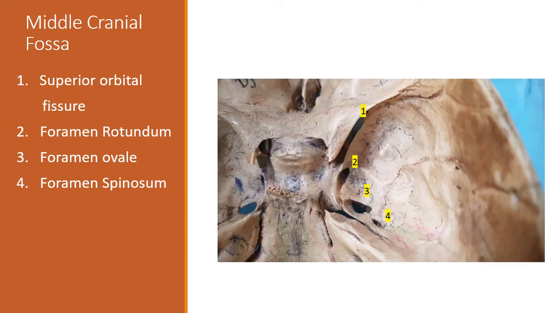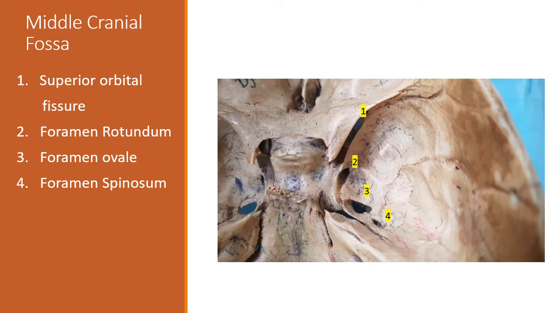In the middle cranial fossa, between the lesser wing and the greater wing of sphenoid is the superior orbital fissure. Then a circular foramen, which is the foramen rotundum. Remember, this is not seen on the base of the skull because it opens in the pterygopalatine fossa.